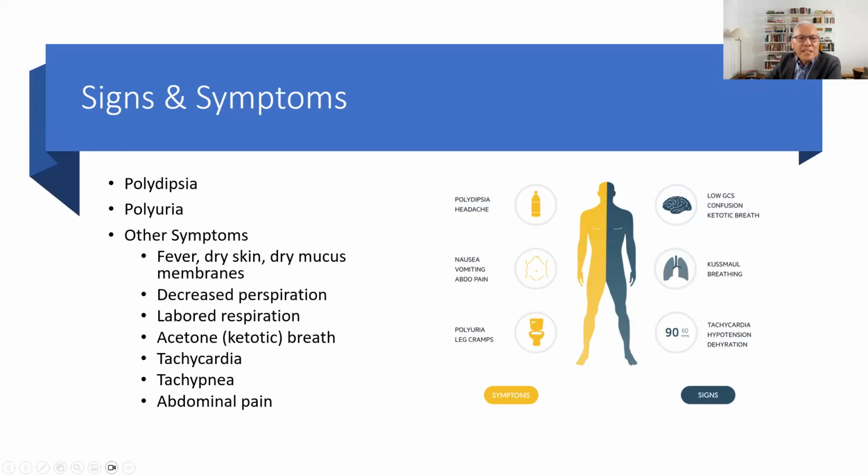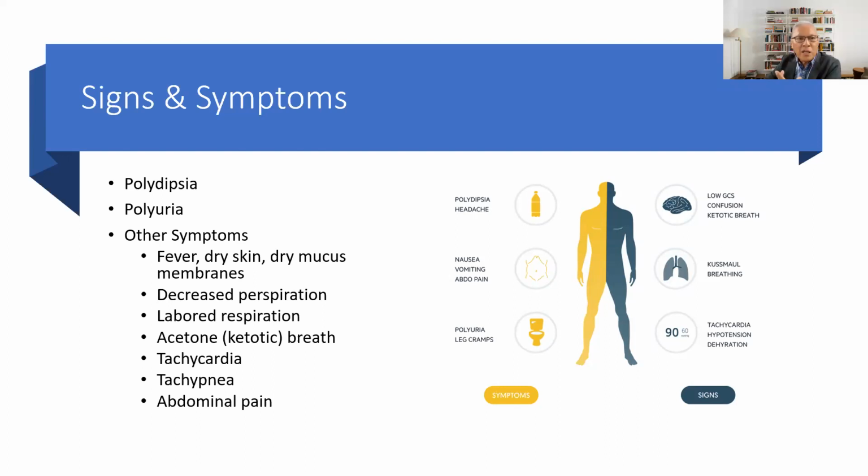So what are the signs and symptoms of diabetic ketoacidosis? Well, the first thing that we need to do is remember what the hyperglycemia is going to do. And that is going to cause your polyuria, number one. But it also will incite your hypothalamus to stimulate the thirst reflex, and therefore there's going to be polydipsia.